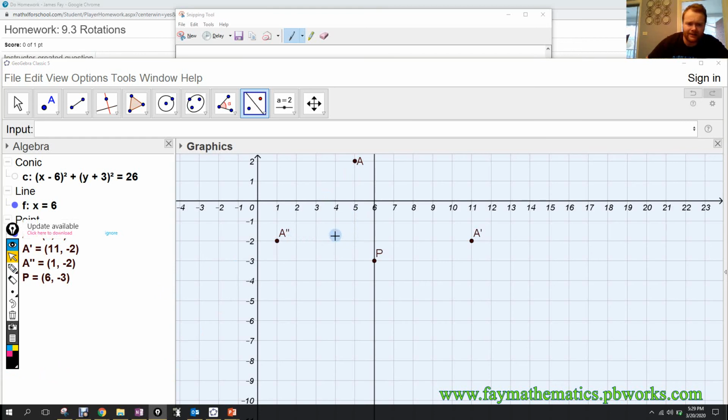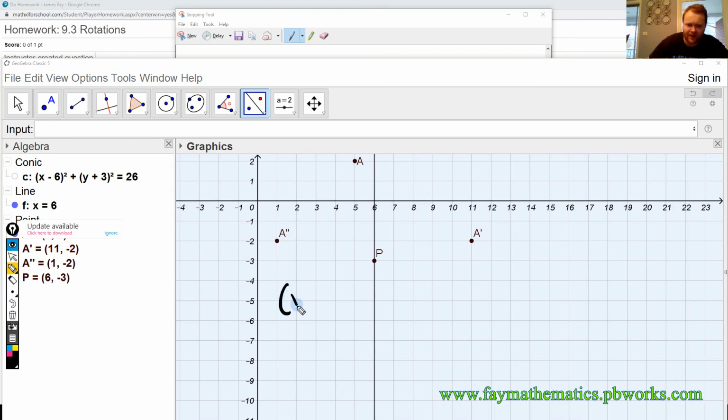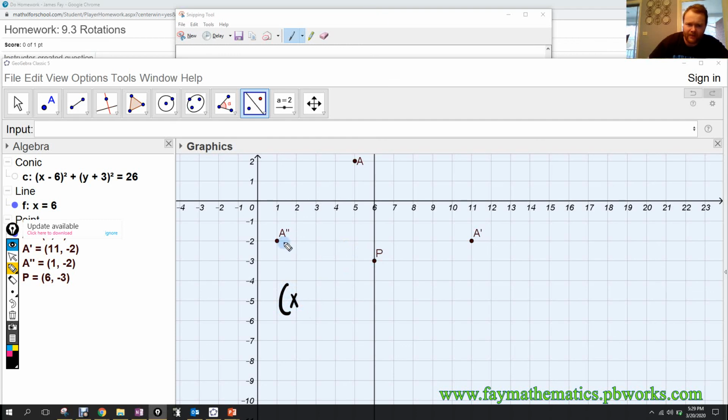Well, the idea there is that I'm going to take the x value of A double prime, and I'm going to add 1, 2, 3, 4 values to it. I'm going to move it to the right 4 units. And I'm going to take the y value, and I'm going to go 1, 2, 3, 4 units up. So in that case, it'd be x plus 4, comma y plus 4.